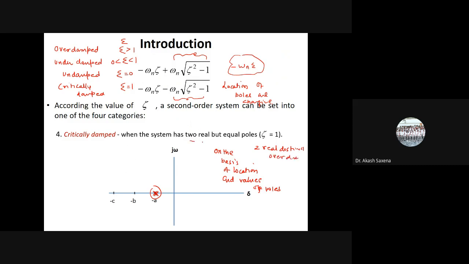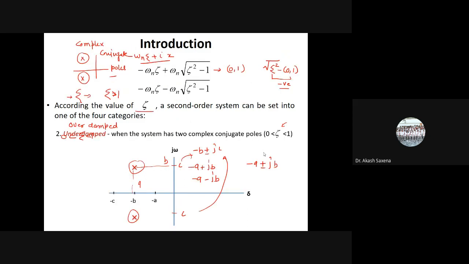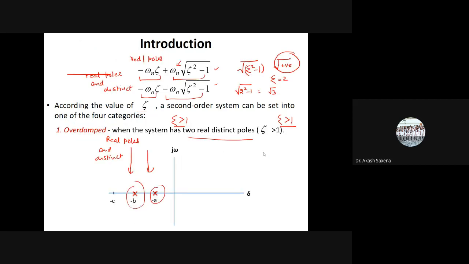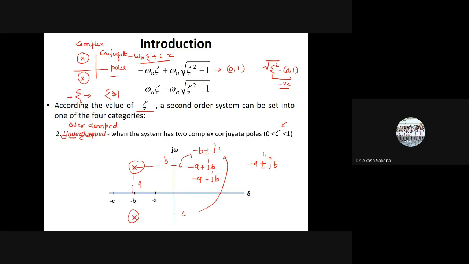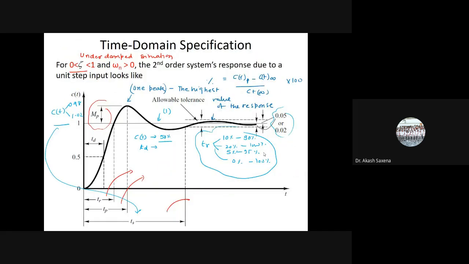When the system has two real but equal poles, system is critically damped. When it is having complex conjugate poles, I can say it is underdamped. And when the system has two real distinct poles, overdamped system. So we will do the analysis of how these values are actually contributing in this.